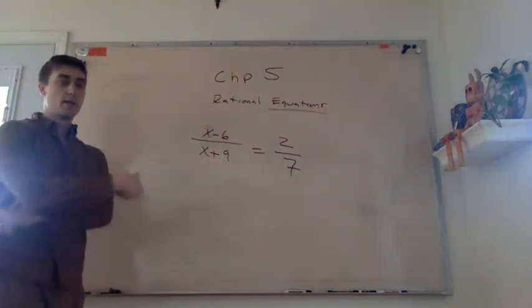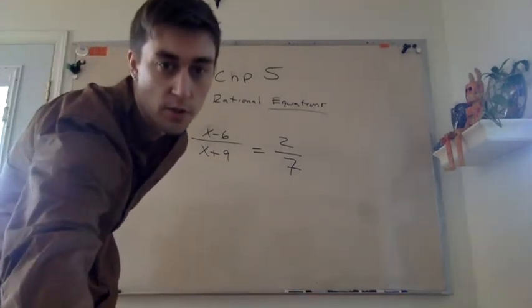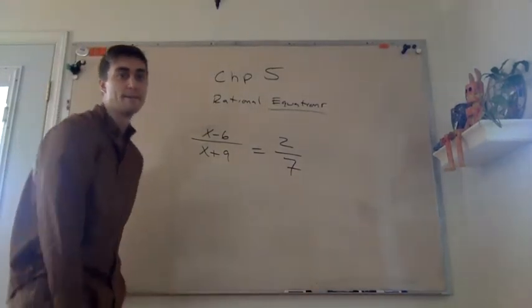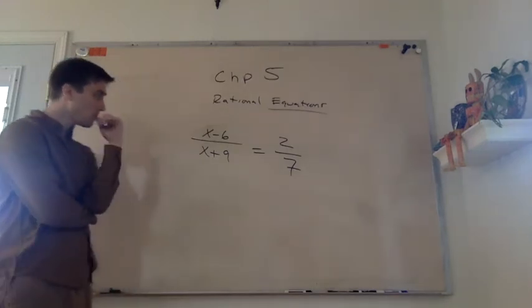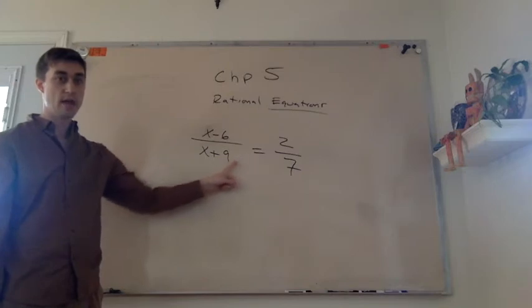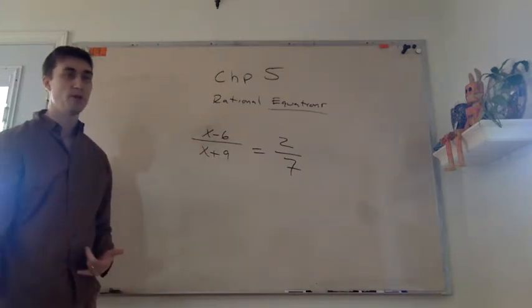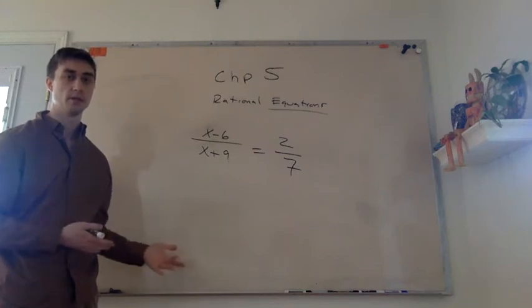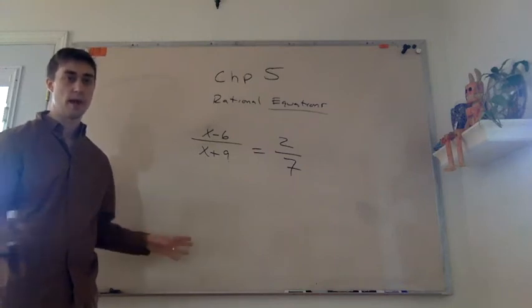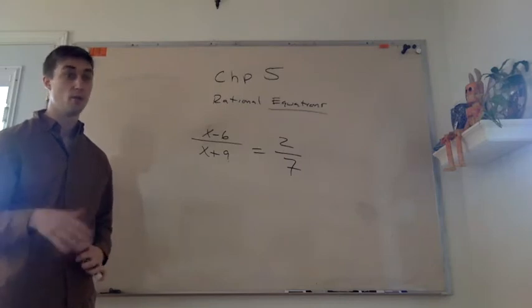So again, this is kind of the thought process that I go through. What you're looking at is an equation because it's got an equal sign. It's a rational equation because it's got fractions. How you solve rational equations is clear the fractions. You can always clear the fractions, right? Because you can always multiply an equation by whatever you want.